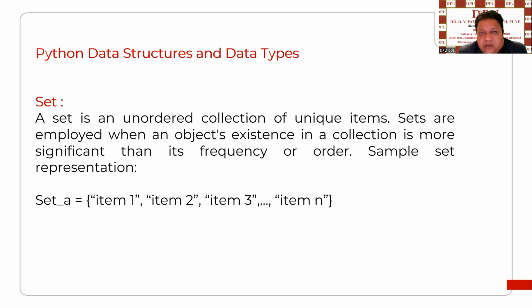Okay, so how to create a set, how to create the instance of a set. For example, you can give a name to a set, like in this example, set underscore a is equal to, in a curly bracket. So when you see a curly bracket, then definitely you are defining a set. When you see a square bracket, it means that you are defining a list, isn't it? So in that way, we need to identify what you are defining.